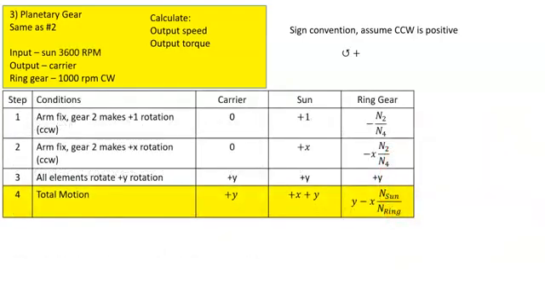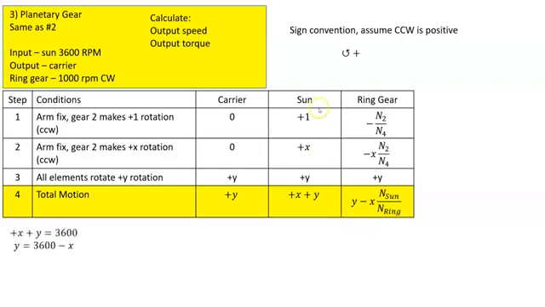We can still use our tabular method, and our equations are still valid, but none of these equations are going to go to 0. They all have a value now, and it's a matter of finding out what they are, particularly because we don't know what the carrier, the output, is going to be.